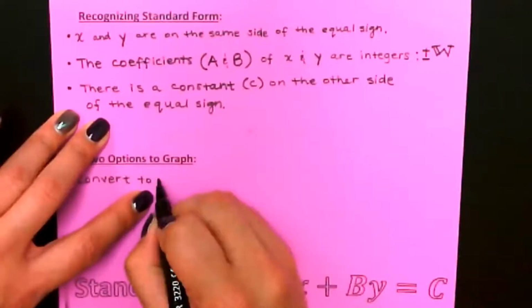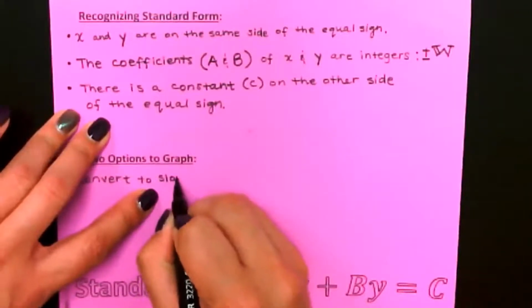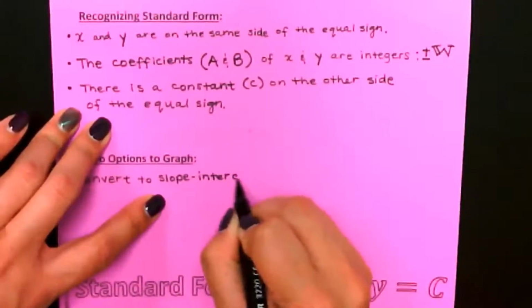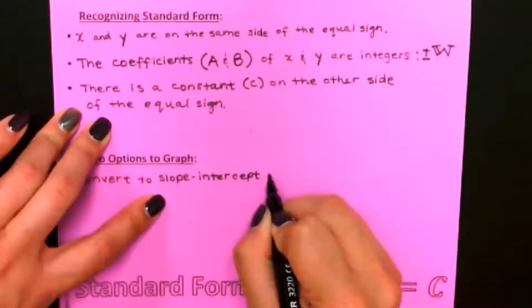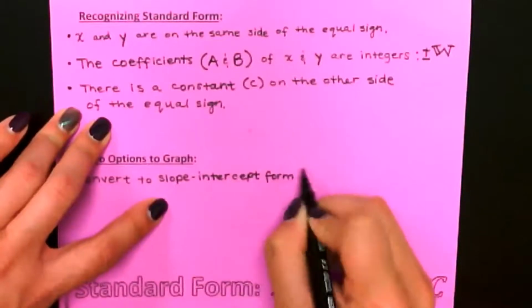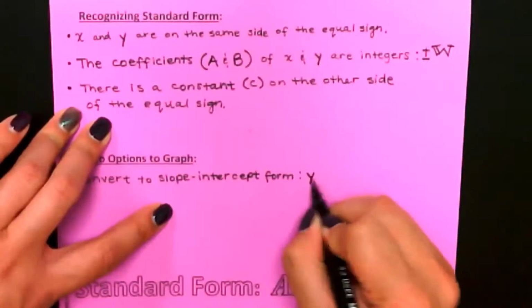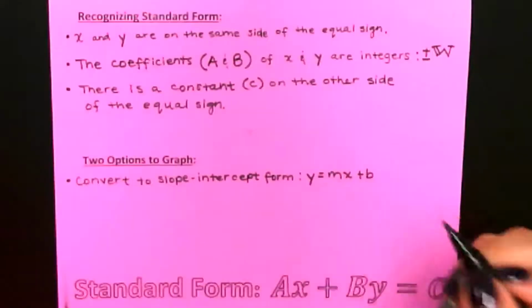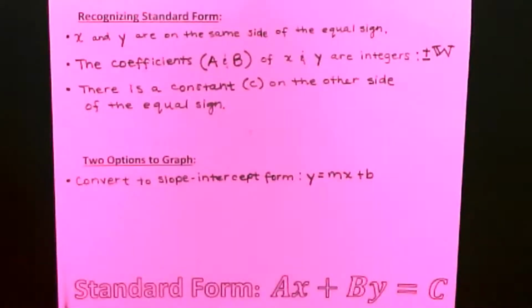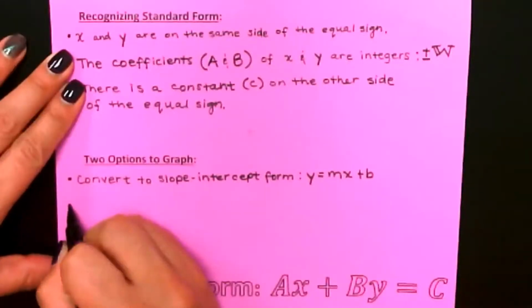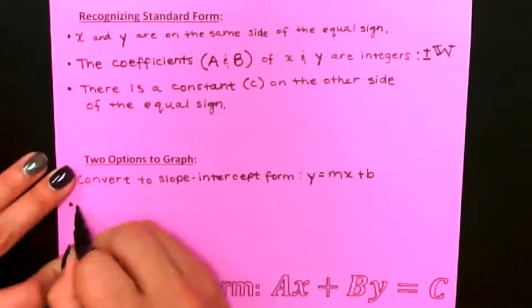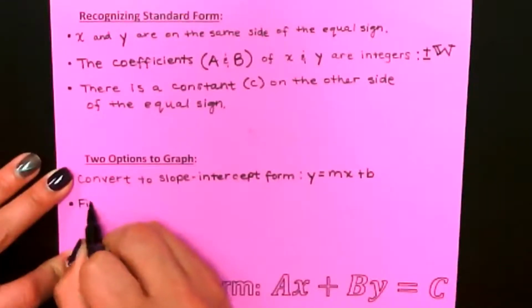The easy peasy y equals mx plus b. Okay. So that's one option.